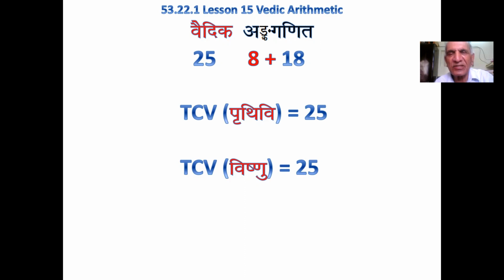In this context, when we revisit the formulation Prithvi, it as well leads us to TC value 25, and the formulation Vishnu as well leads us to value 25. Vishnu is the presiding deity of 6 space.